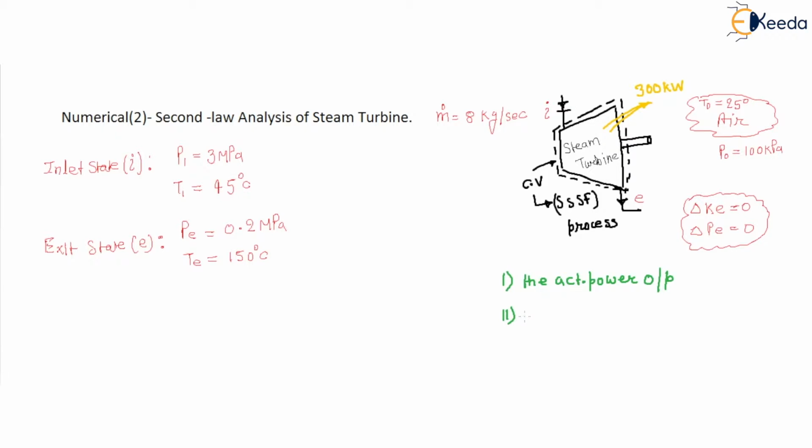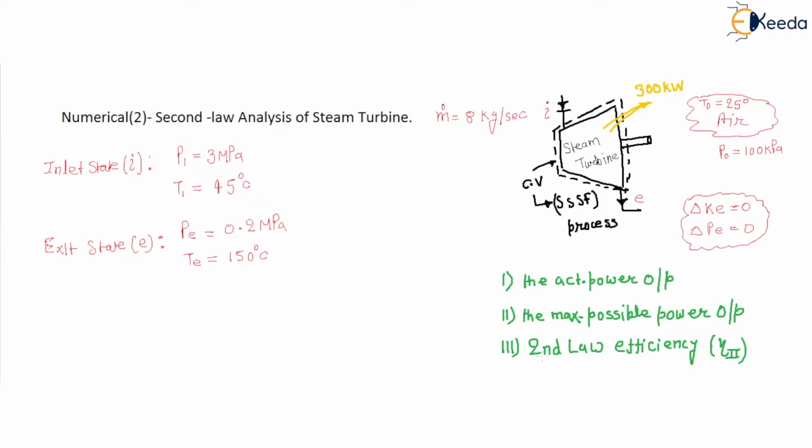This also has to be calculated. And number third is the second law efficiency, that means eta second.